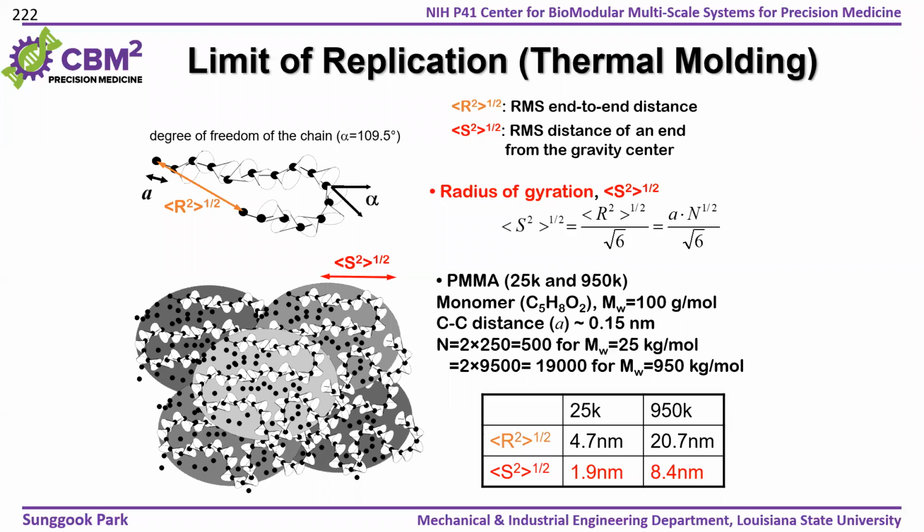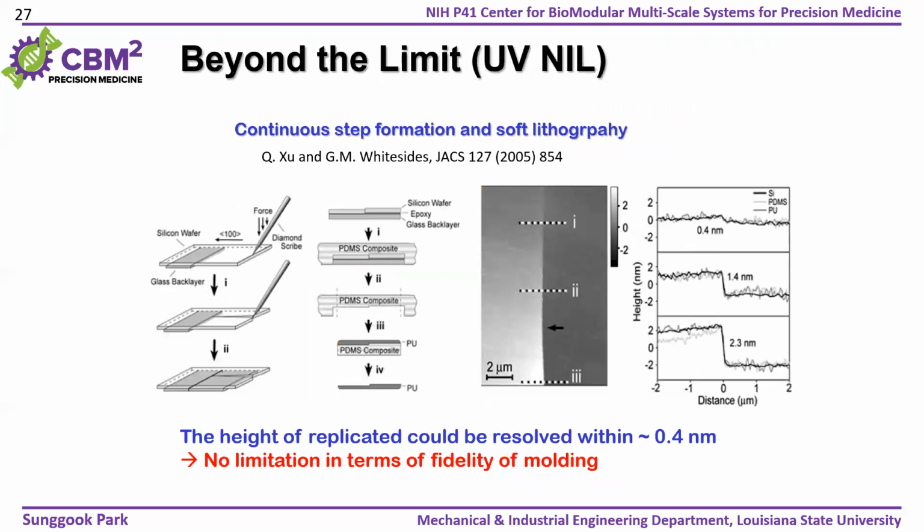Okay, then basically the radius of gyration for 25K PMMA is around 2 nanometers, and for 950K PMMA is around 8.4 nanometers. And that limits the smallest feature size that you can produce using thermal molding. But when it comes to UV nanoimprint lithography, we use UV resin, whose molecular size is really small.